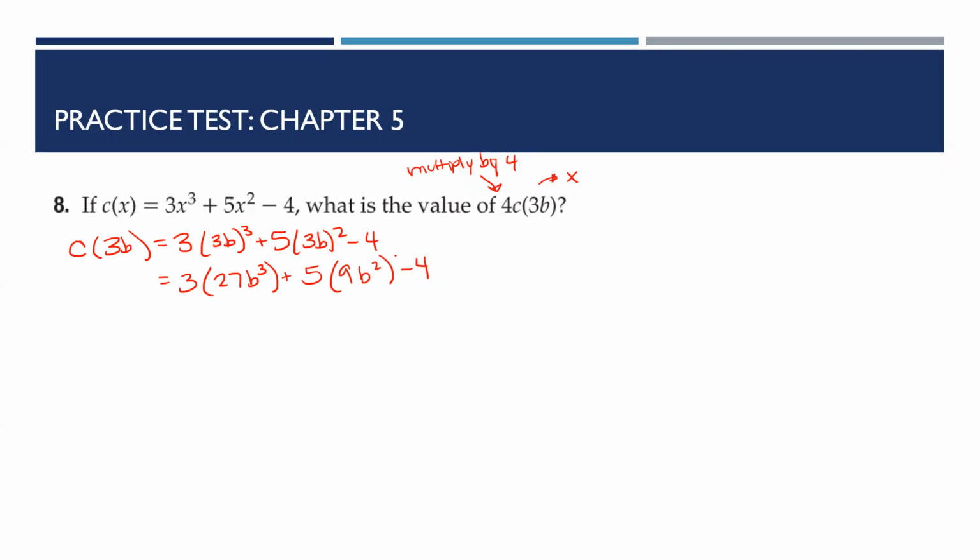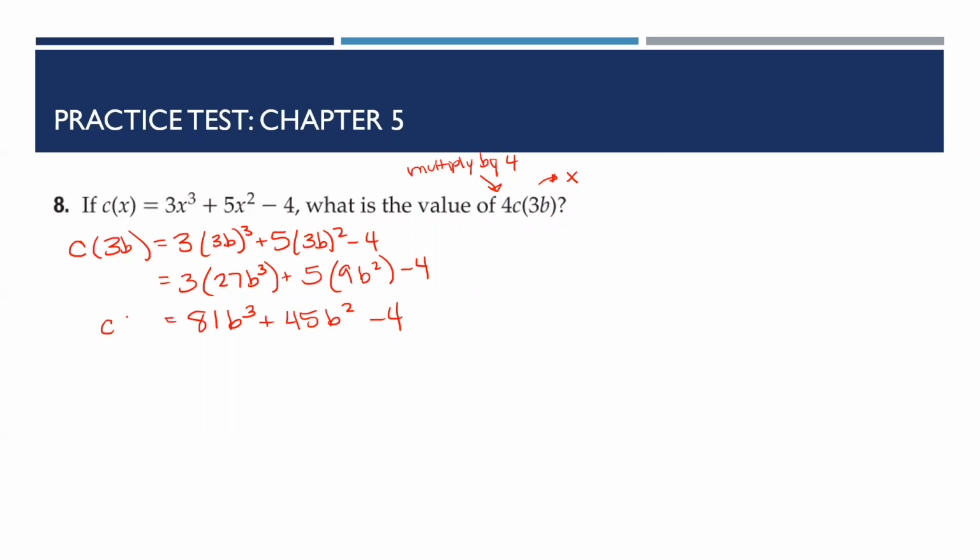Okay, and then I got to multiply 3 times 27b cubed, that's going to be 81b cubed, and then 5 times 9 is going to be 45b squared minus 4.